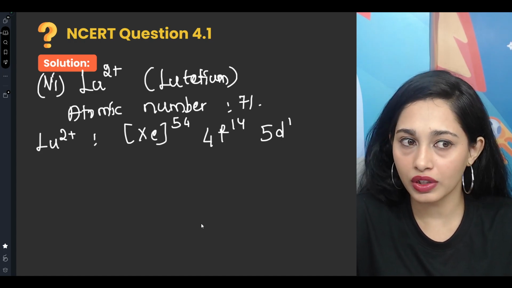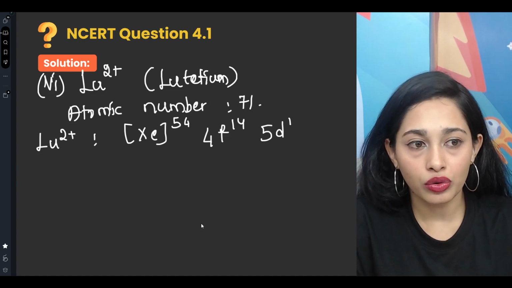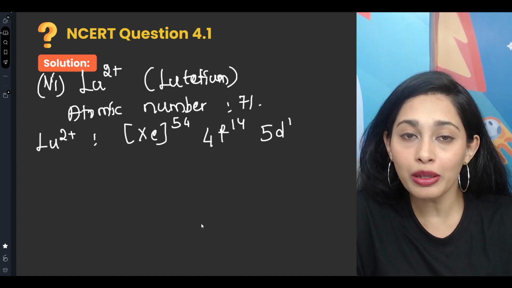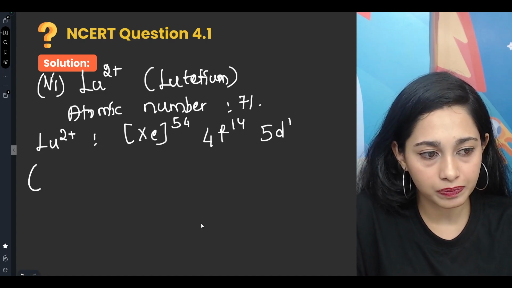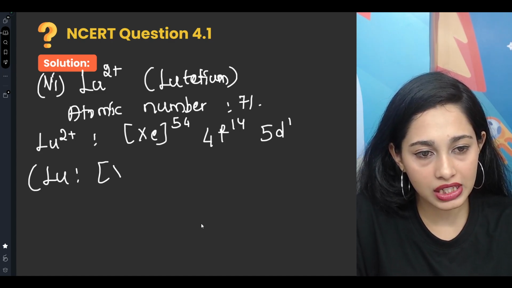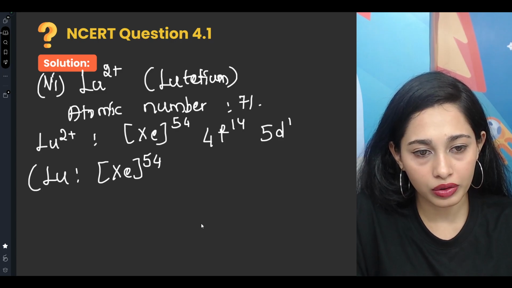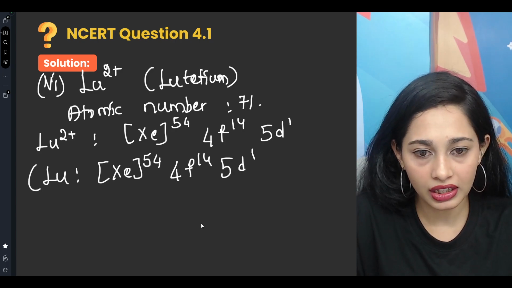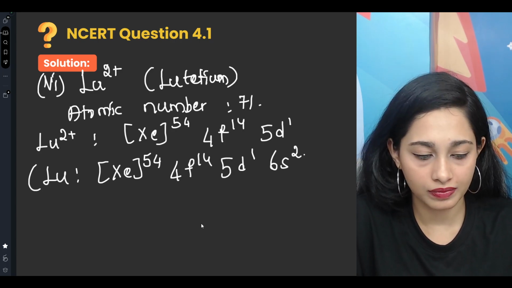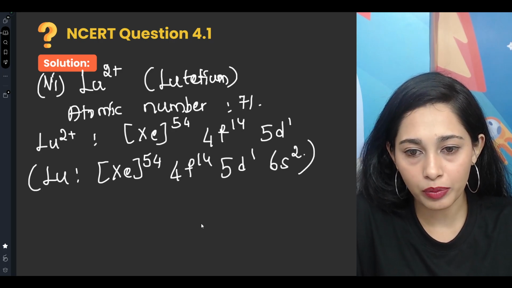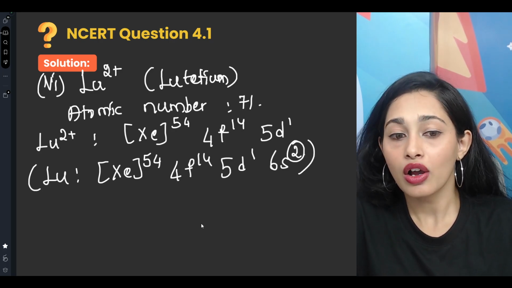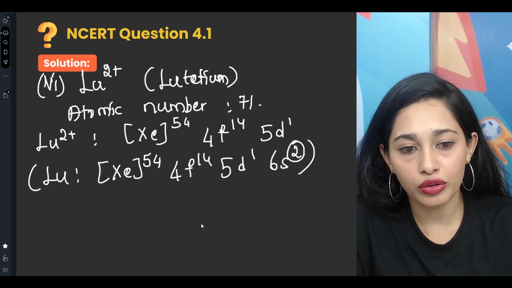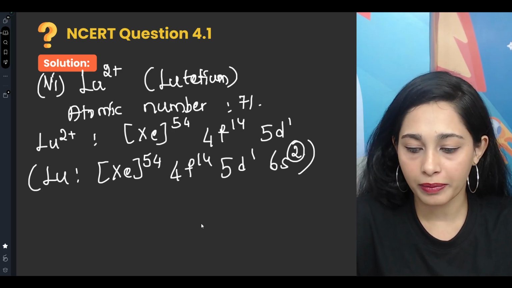The elemental configuration of lutetium is xenon 4f14, 5d1 and 6s2. As we have removed these 2 electrons, it is xenon followed by 4f14 and 5d1.